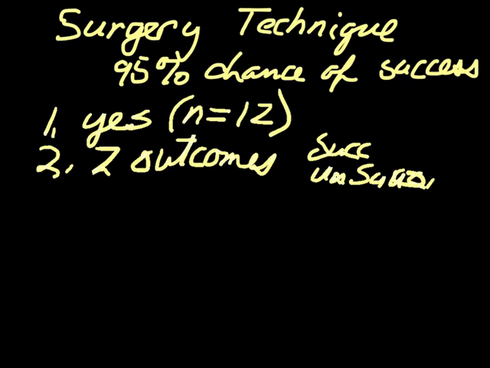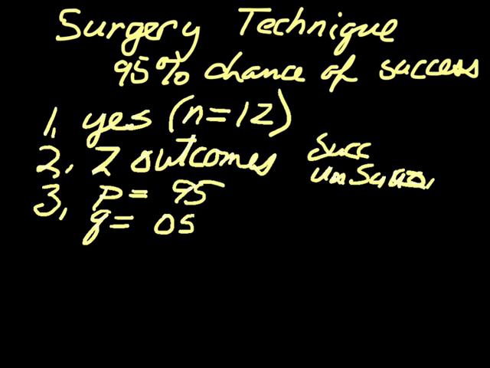So number 3, is the probability of success going to be the same? Well, each time as a doctor I perform the surgery, there's a 95% chance that I'm going to be successful and only a 5% chance that I'll fail. And so in that case, I would say that the probability of success is always the same. So what's our random variable going to be?